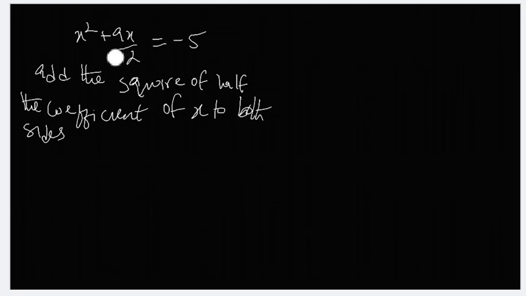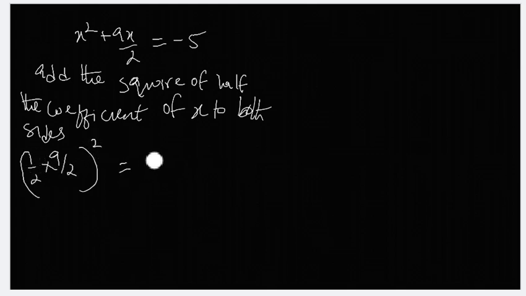The coefficient of x here is 9 divided by 2. Then the half is 1 over 2 times that. Then the square is that. So this gives us 1 times 9 is 9, divided by 2 times 2 is 4. Then we square it.